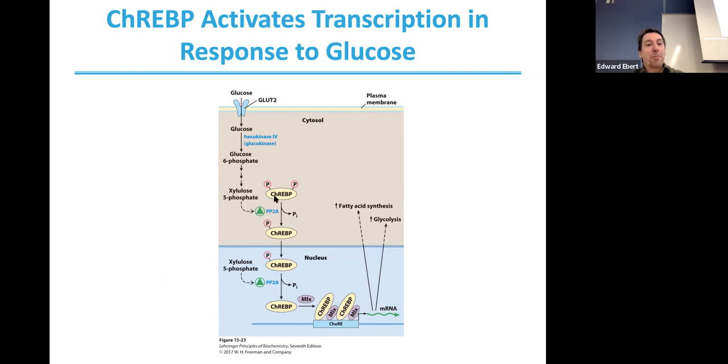Notice our transcription factor is kept sequestered in the cytosol until it's acted on, where it moves into the nucleus, interacts with a binding partner, and then together they bind to a specific response element, which affects gene expression. It's a lot. Am I going to ask you to know this specifically on the exam? Not on the in-class portion.